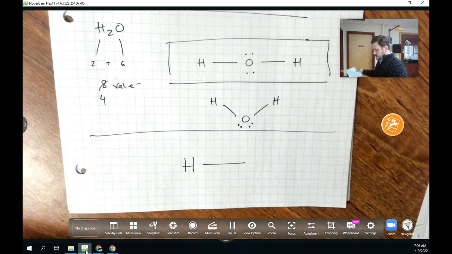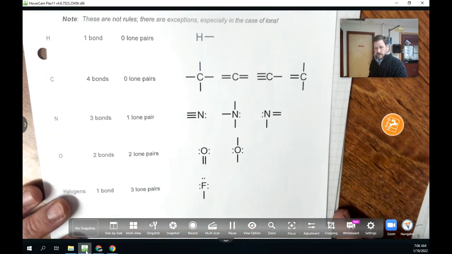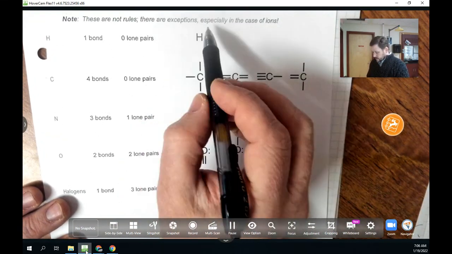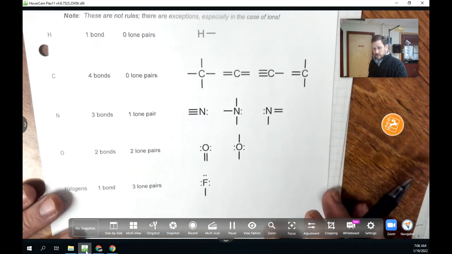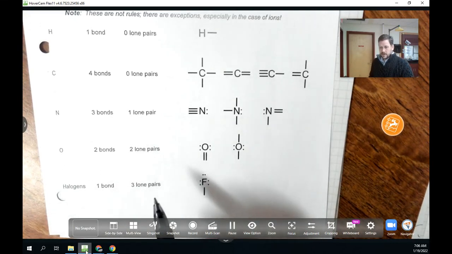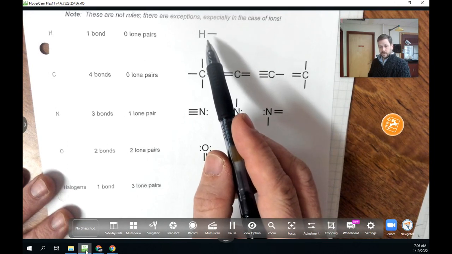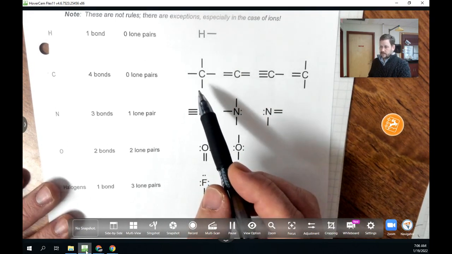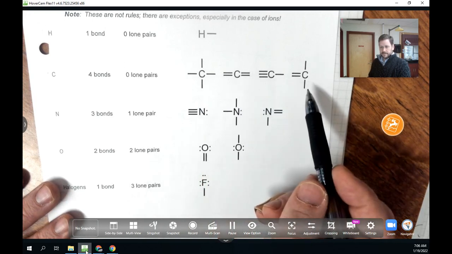There are many other common bonding patterns that are listed on these rules, and while they are not rules, because there are exceptions, these common bonding patterns are helpful for us to determine whether a Lewis structure is probable. Notice hydrogen only ever forms one bond with no lone pairs. Carbon typically forms 4 bonds with no lone pairs, and there's many different ways to do that.